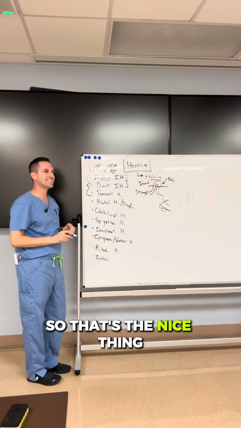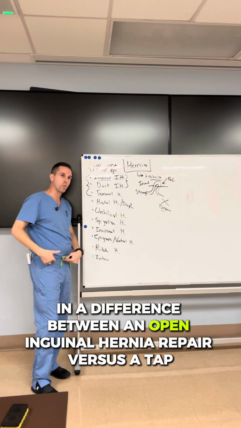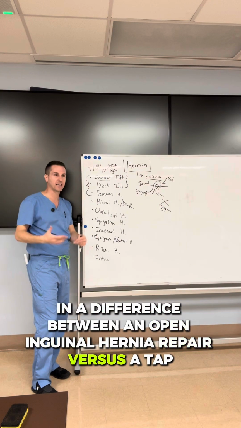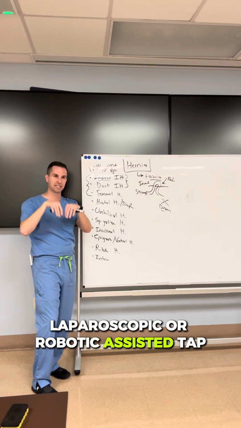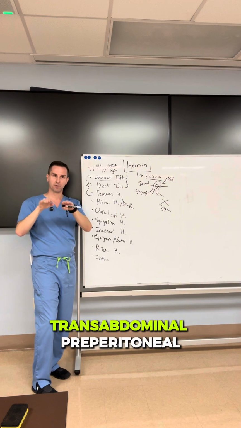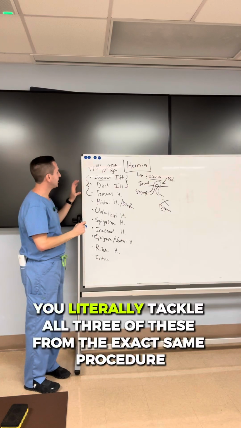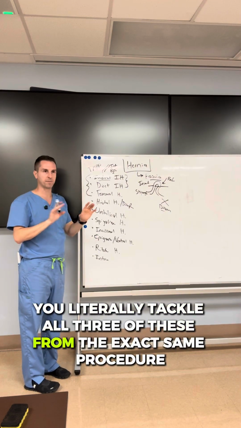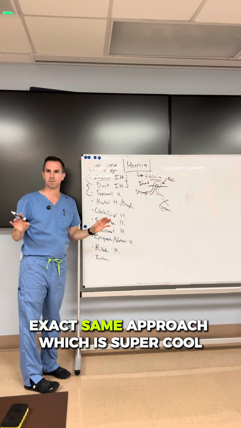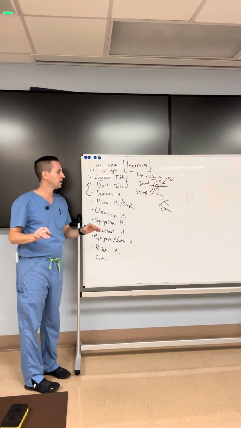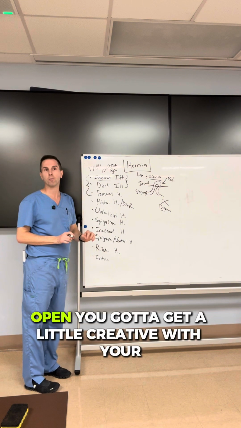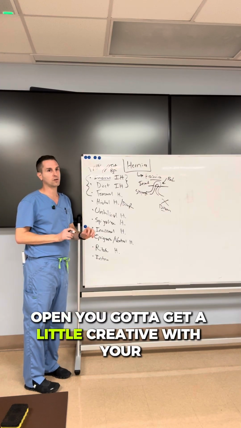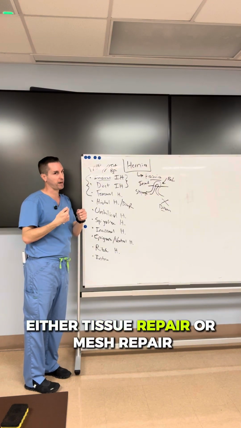So that's the nice difference between an open inguinal hernia repair versus a laparoscopic or robotic-assisted TAP, transabdominal preperitoneal: you literally tackle all three of these from the exact same approach, which is super cool. Versus open, because femoral hernias are tricky to repair open. You have to get a little creative with either tissue repair or mesh repair.